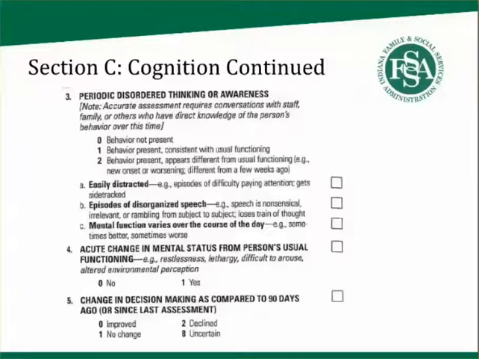C4 is going to focus on the acute change in mental status from the person's usual functioning. This is any sudden or recent change in the person's usual level of functioning, such as restlessness, lethargy, being difficult to arouse, or altered environmental perceptions. An example that came to mind is an individual who may be experiencing a UTI, or urinary tract infection.